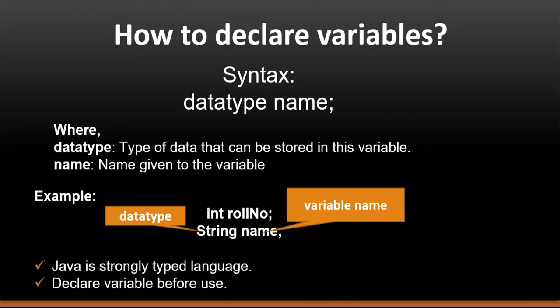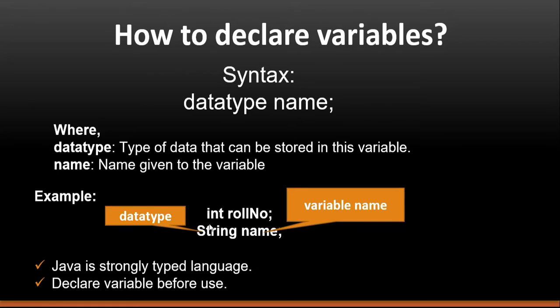Now here I have given an example of declaration of variables. You can see roll number is my variable, and the type of value it can store is int. Similarly, name is my variable, and the value which it can store is String.